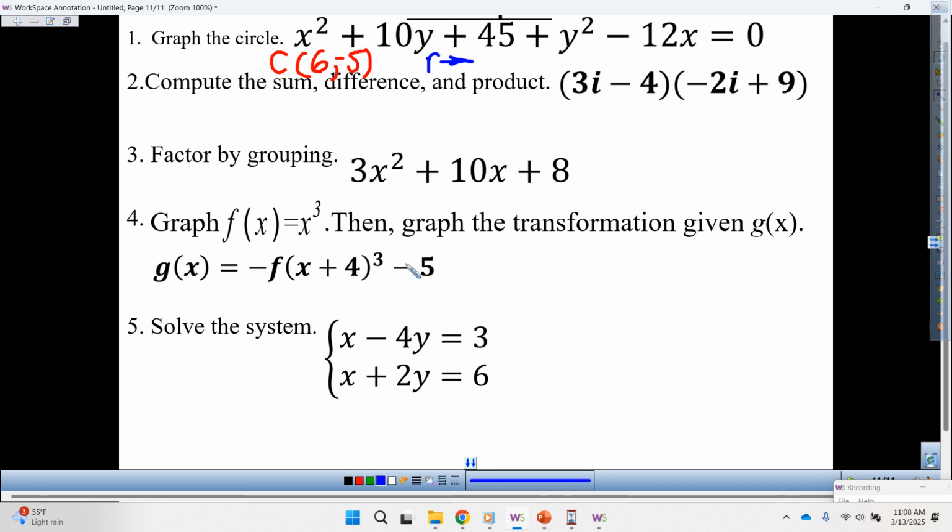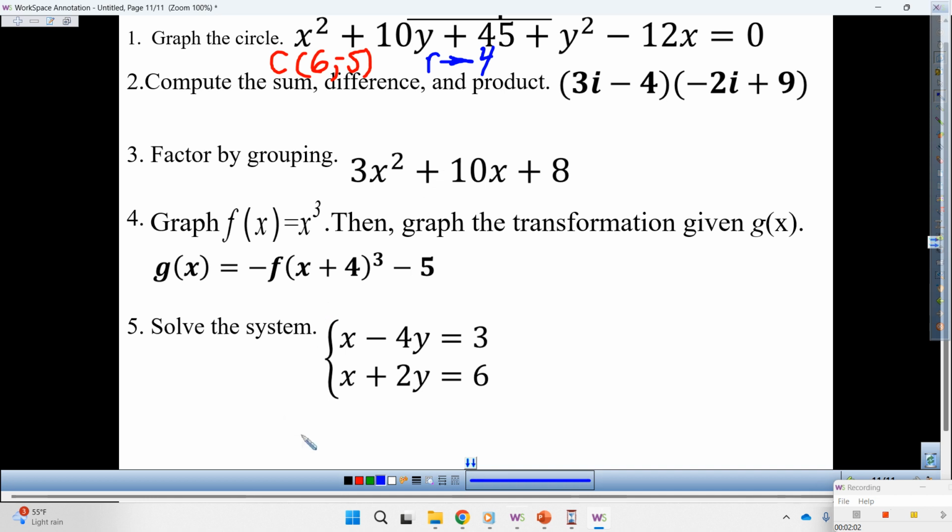And the radius? 3. 6, -5, 3. Looks about right. And then the graph. Radius is 4. Double check. Is it 4, guys? Yes? Not bad. So radius 4.